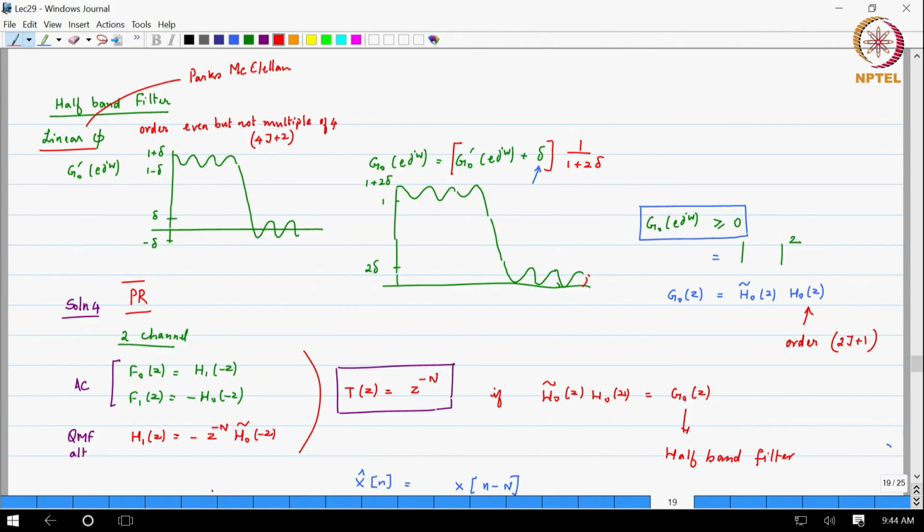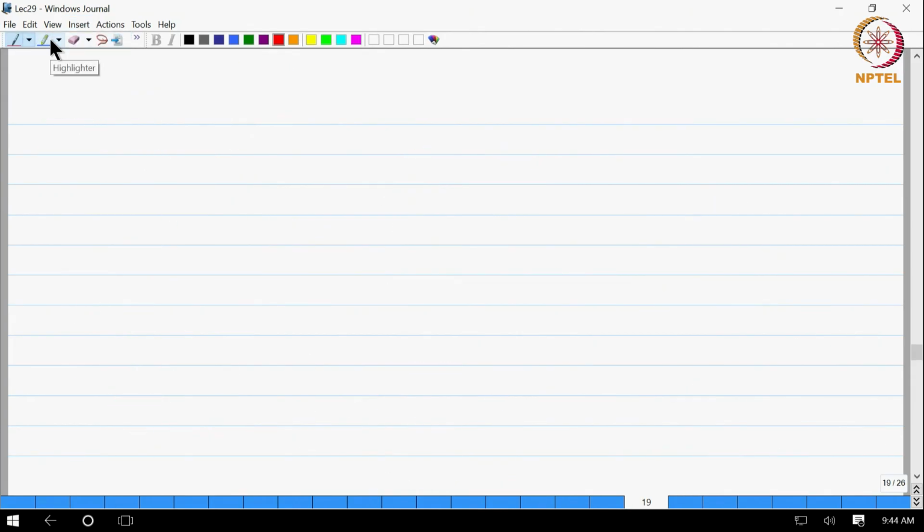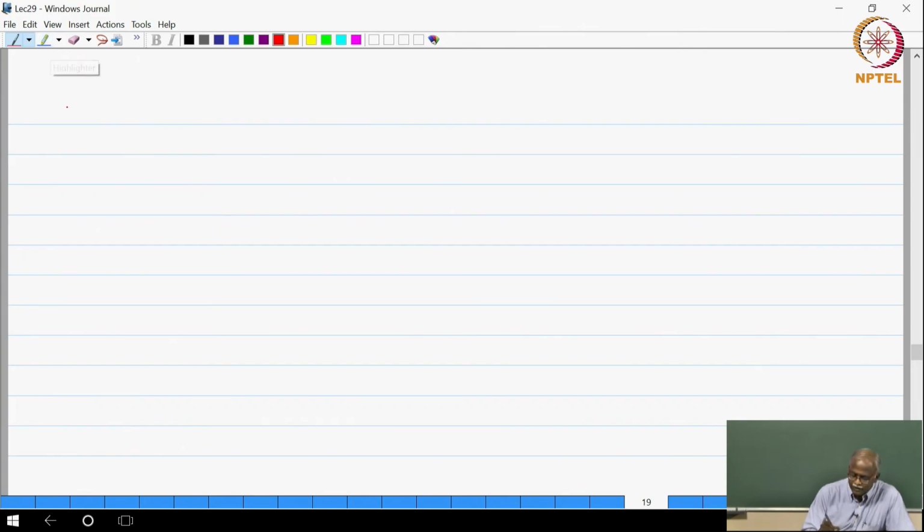Let me just quickly mention it so that we will have that result handy for us. The mth band filter has the following property, that when you add the shifted versions of that filter.